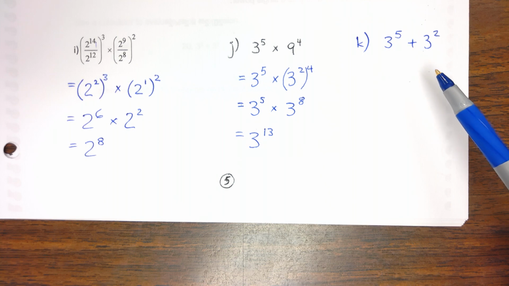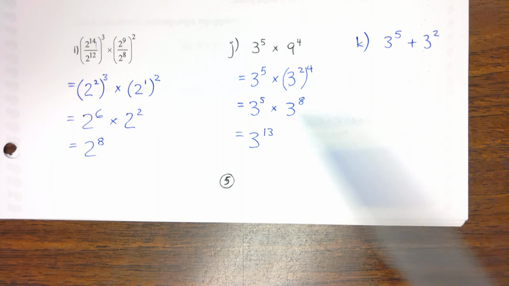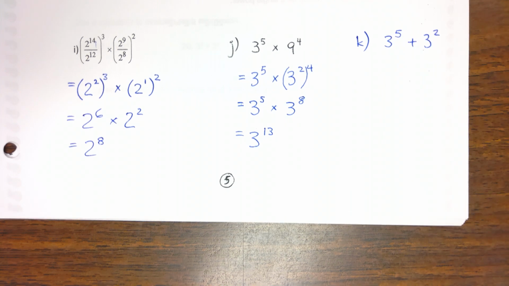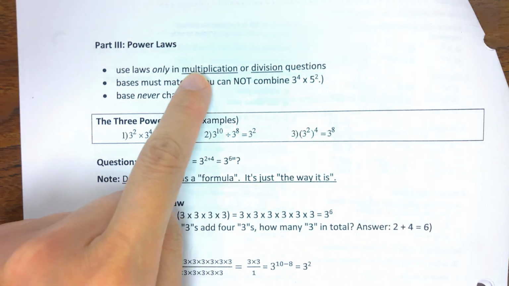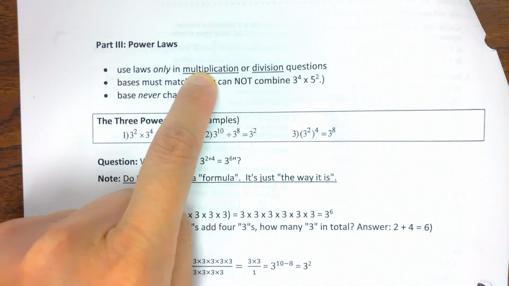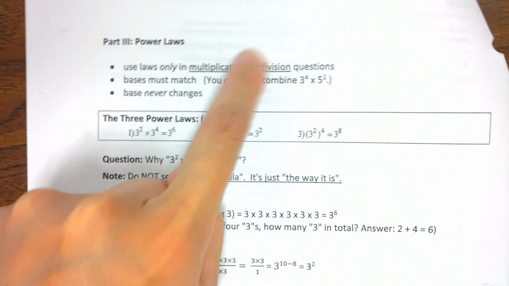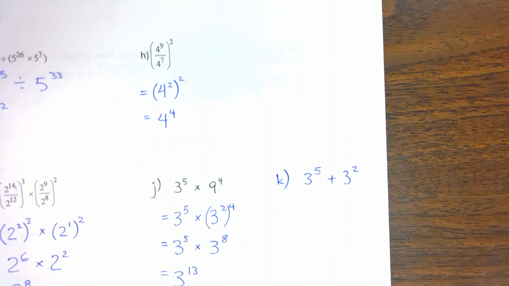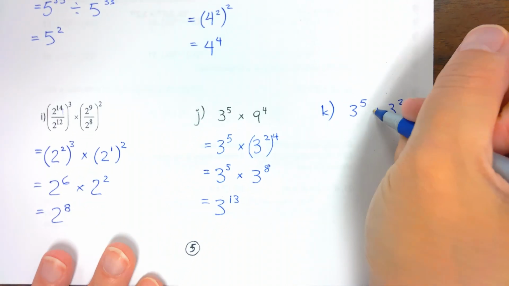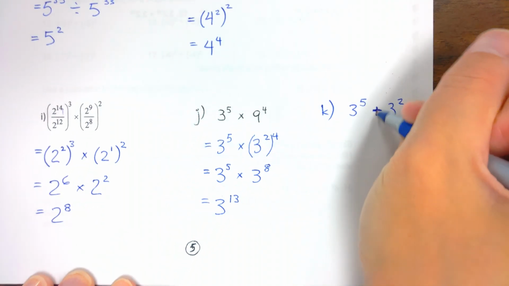Okay, can I apply the exponent rules? No, because why? Why can't I apply the exponent rules, Luke? Right, remember the very first rule that I said up here? The rules, the laws, only work on multiplication and division questions. This one is an addition question.